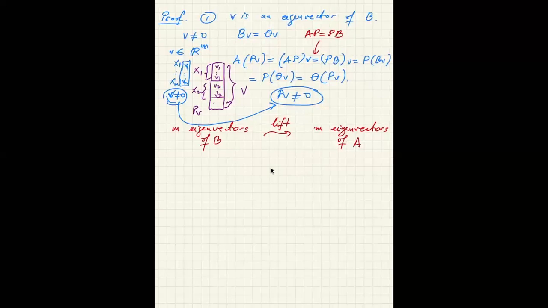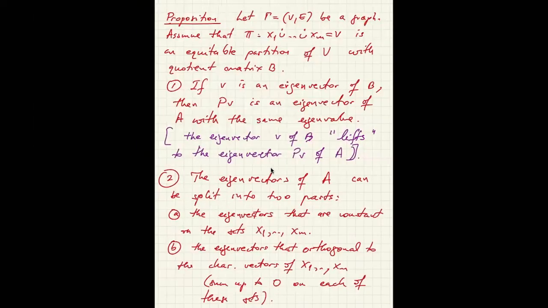And actually, the other thing is that if you have these eigenvectors of B, which are linearly independent, the corresponding eigenvectors PV will also be linearly independent, and you'll get m eigenvectors of A this way.